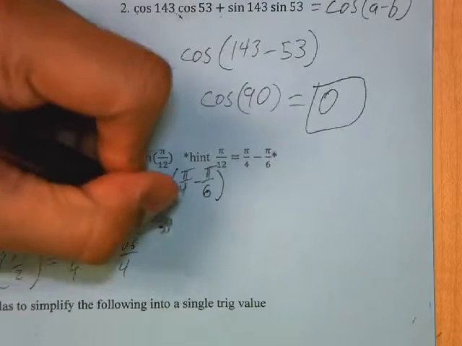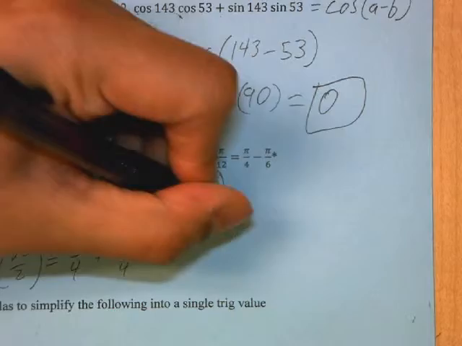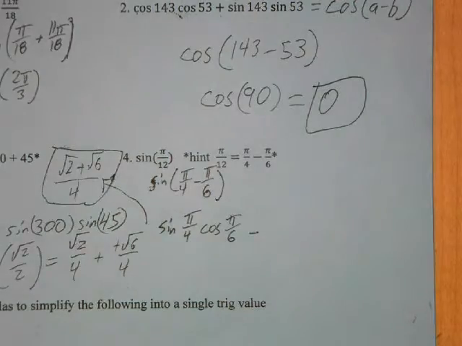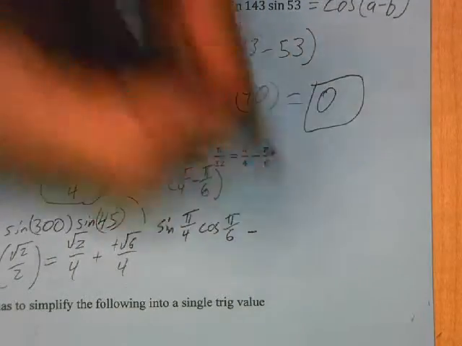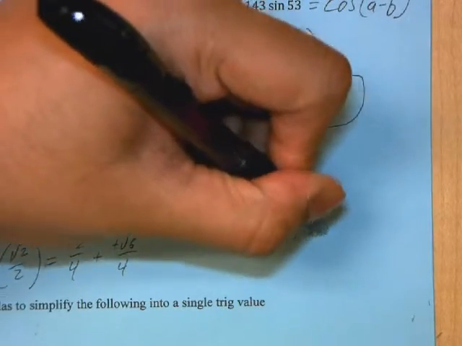So we've got sine pi over 4 cosine pi over 6 minus cosine pi over 4 sine pi over 6.